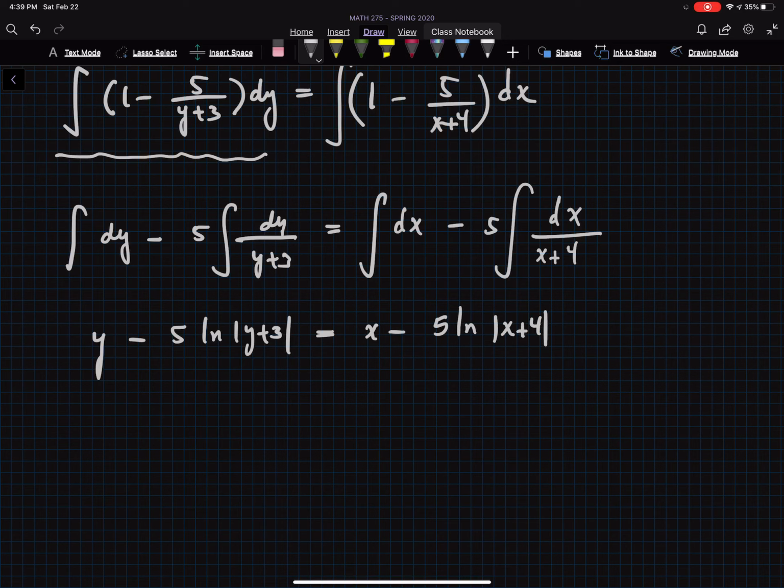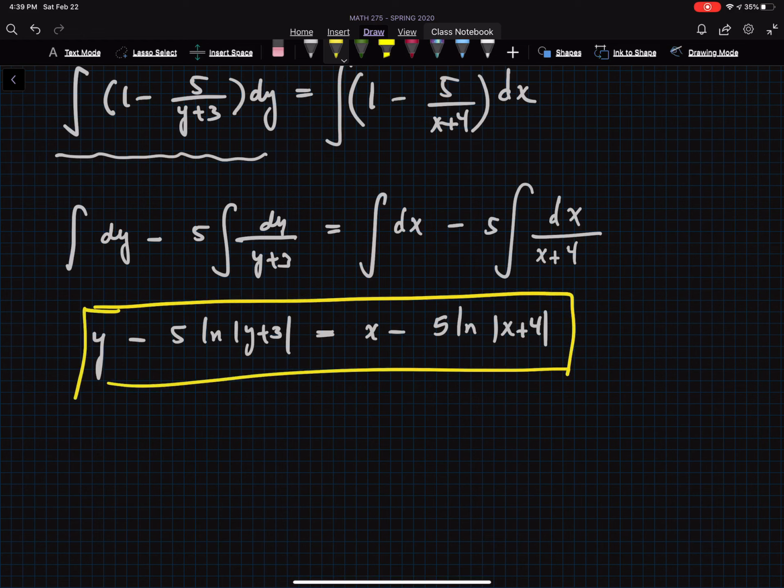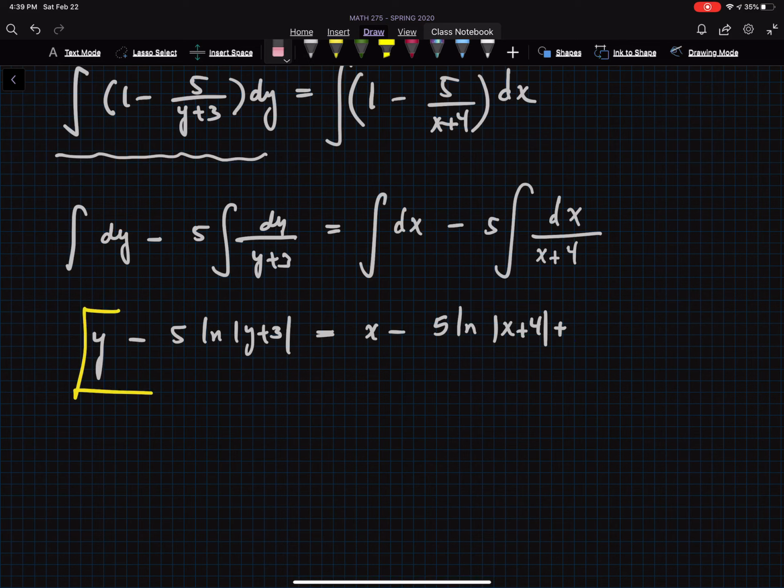So again, this could be looked at as a general solution to the differential equation, because for all practical purposes you have found the solution. And of course, I have to not forget, and thank God I'm using an iPad so I could delete stuff, I need to not forget about the constant.